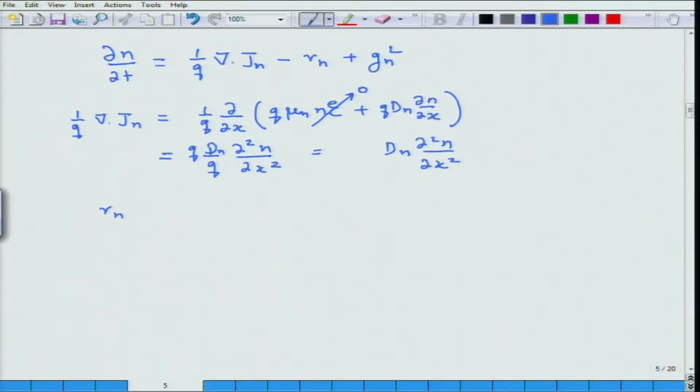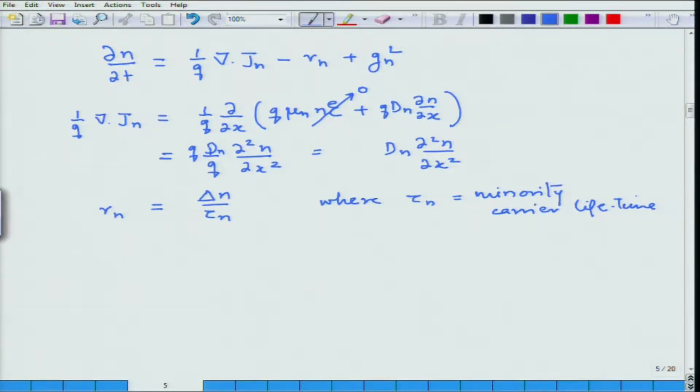If you look at the term r of n, we have done this in recombination generation under the low level injection. The recombination rate for a low level injection can be written as del n over tau n, where tau n is basically the minority carrier lifetime of the material.